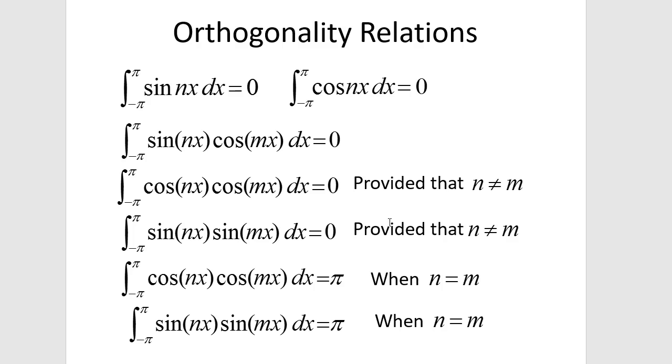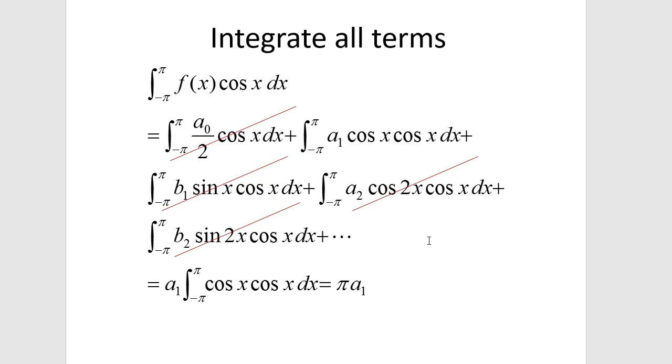So here are the orthogonal relations that we've done before. See, when n and m are equal, then it produces pi, otherwise it's 0. Right? So back to our integral, we know that all of these red crossed terms are 0, and the only thing that's non-zero is this integral, which gives you pi, and therefore we see that we have a nice formula which says pi times a1 is equal to the integral of f(x) times cosine x.